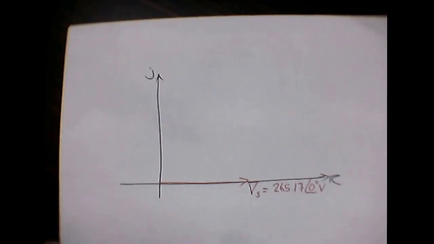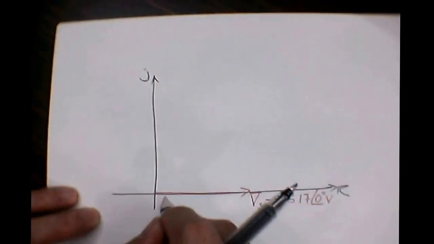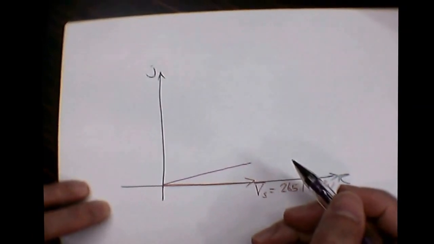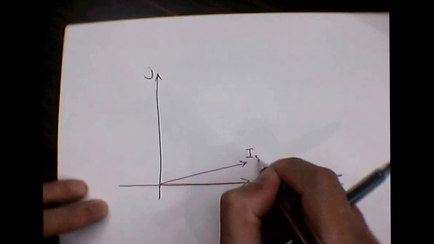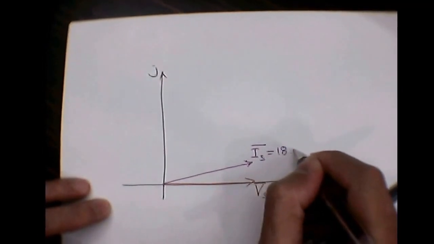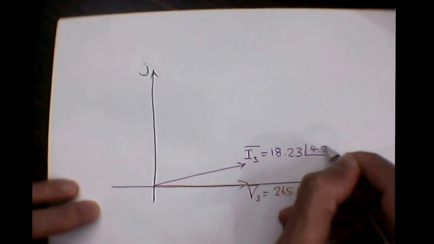Is, we computed earlier, it's slightly above, so Is is something like that. Is is 18.23 at an angle of 4.5 degree.